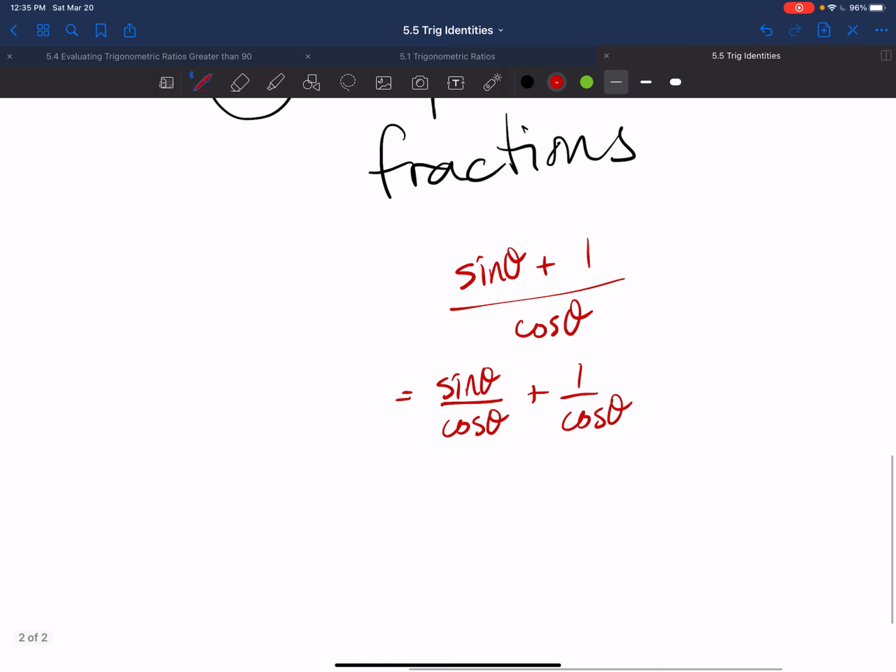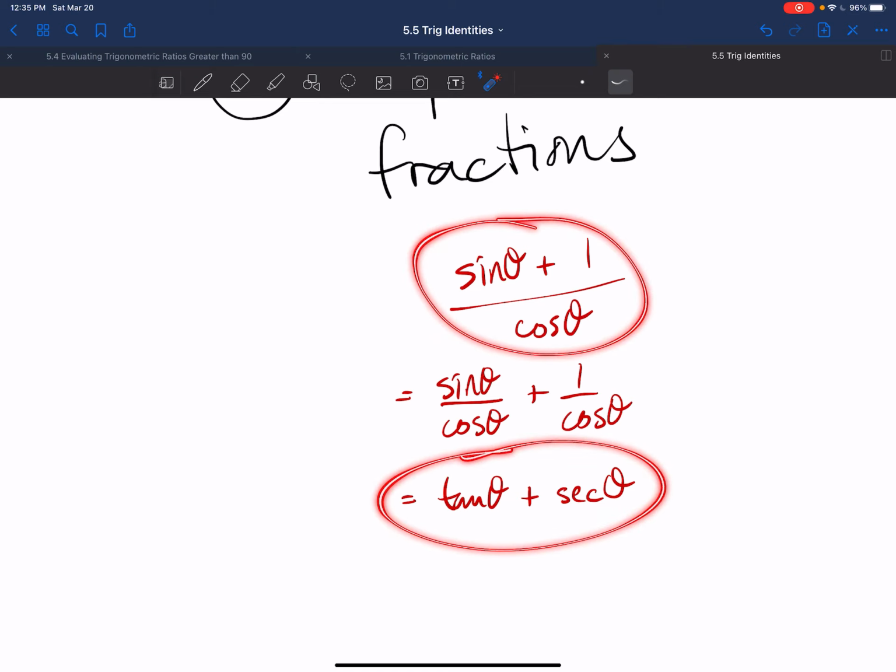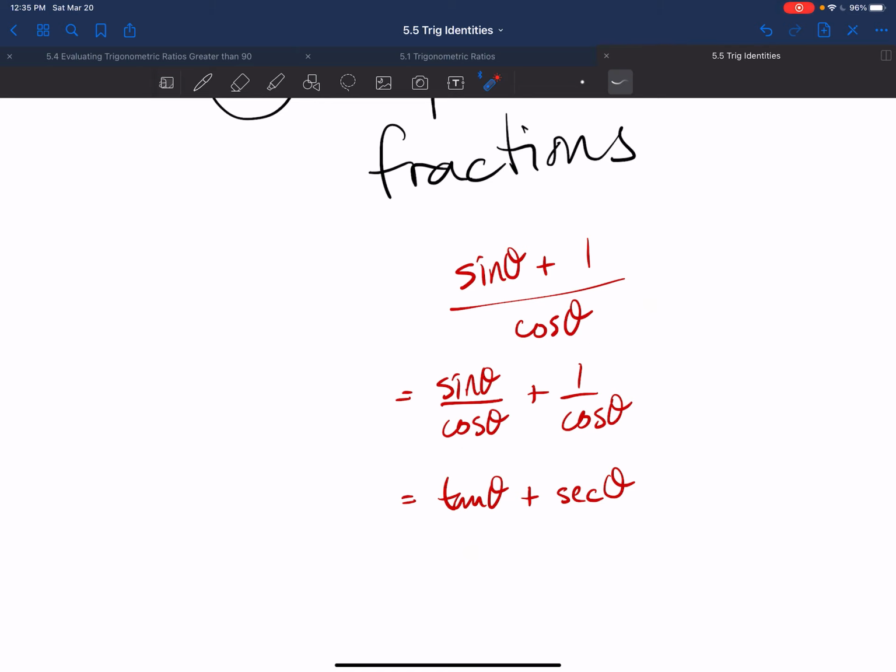It means the same thing. And then that would be tan theta plus secant theta. Now, as it is, it doesn't make any sense, but maybe this was the right side and that was the left side. So sometimes separating into separate fractions helps you prove the identity.